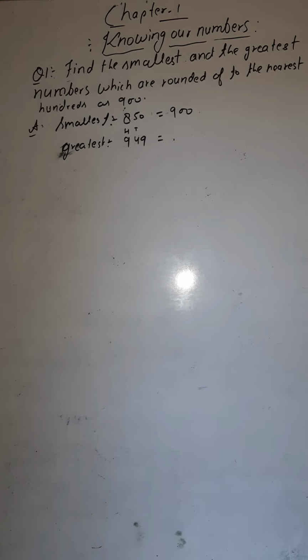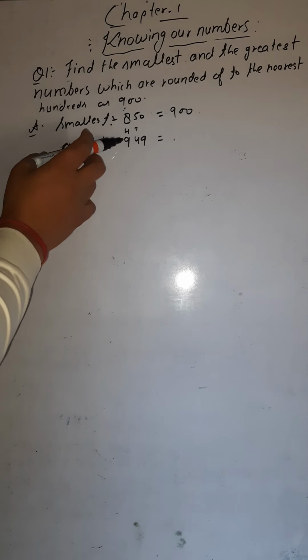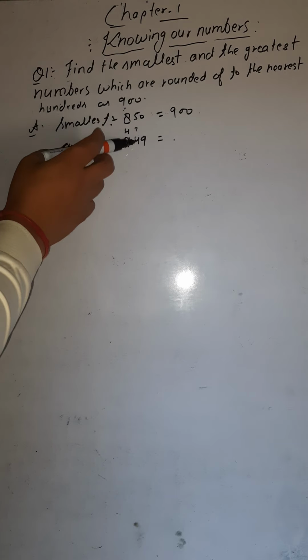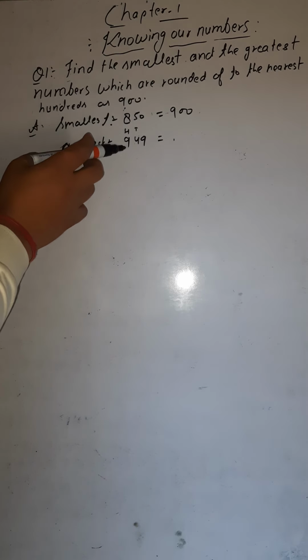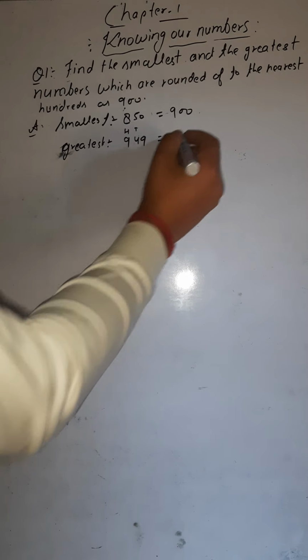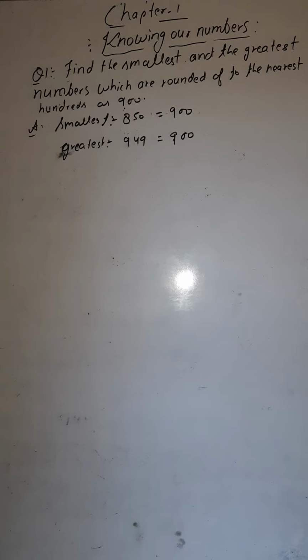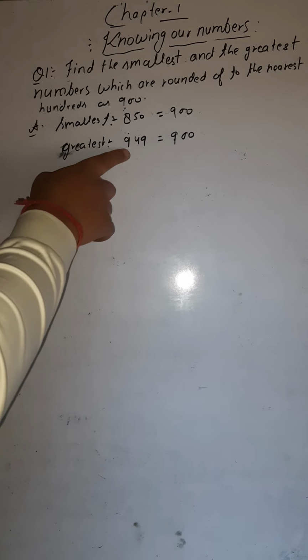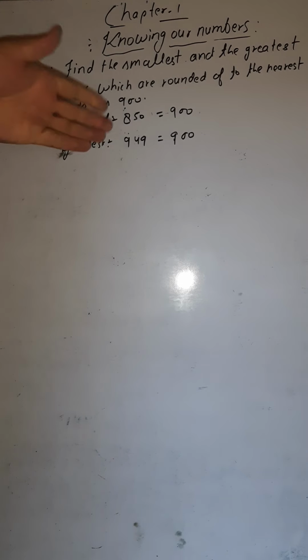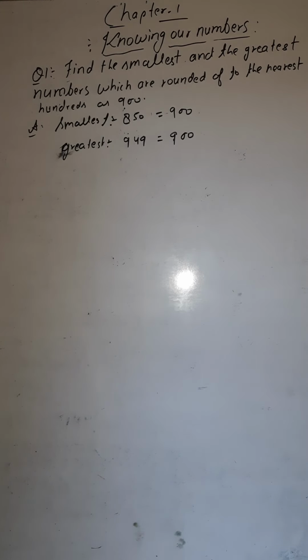The tens place number is 4, which is less than 5, so you are not to add 1 here. You write 9, and in place of tens and ones you write 0. So the greatest number, when rounded off to its nearest 100, gives 900. So the greatest number is 949 and the smallest number is 850. This is how you find the answer to a question like this.